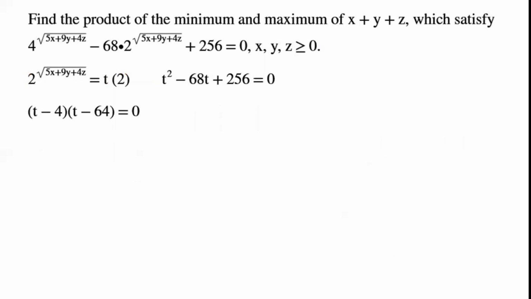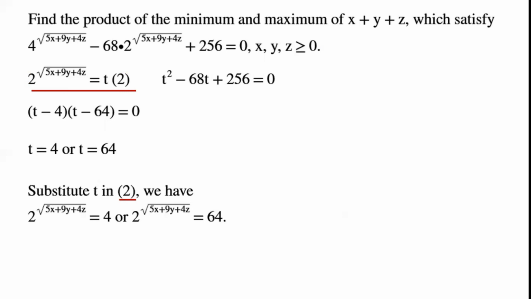We can factorize the left-hand side of the equation, so we can now write (t minus 4) times (t minus 64) equals 0. So either t equals 4 or t equals 64.